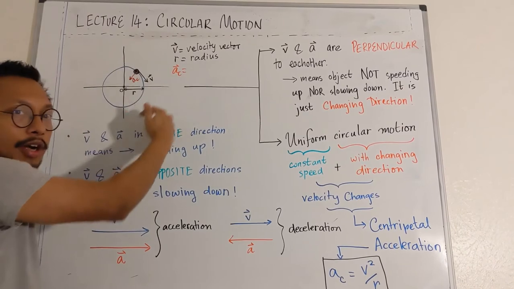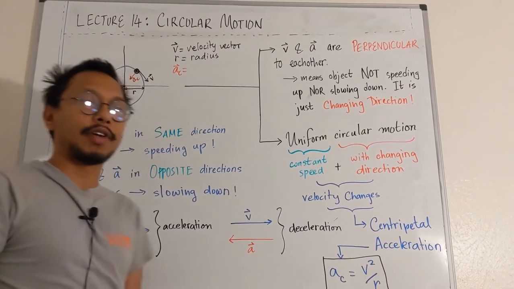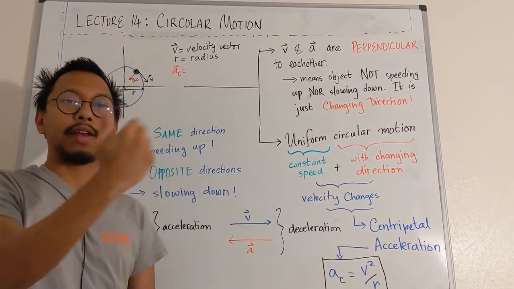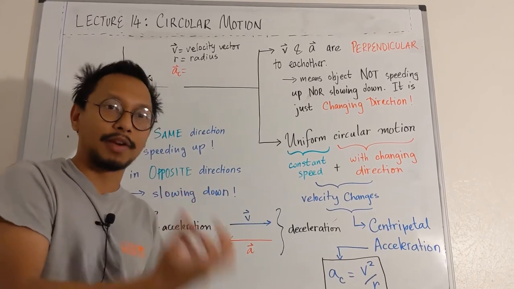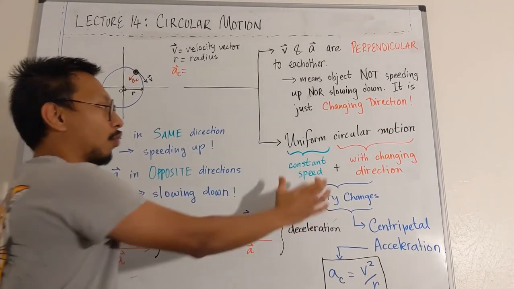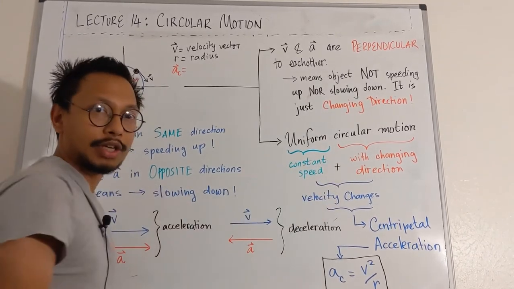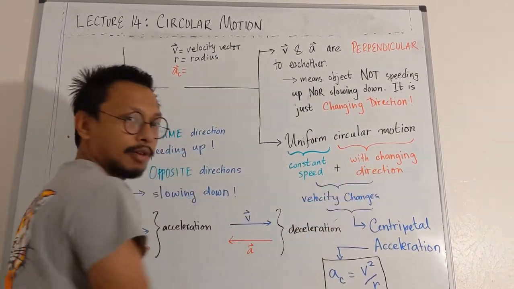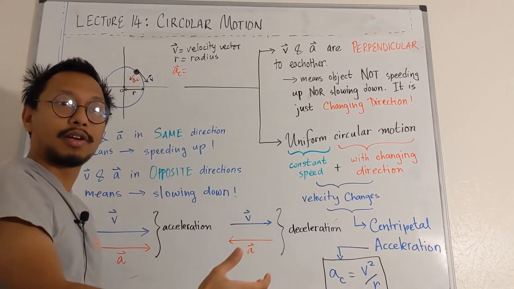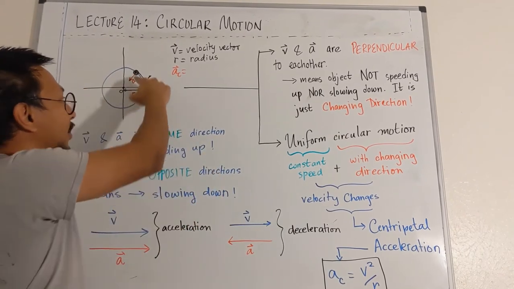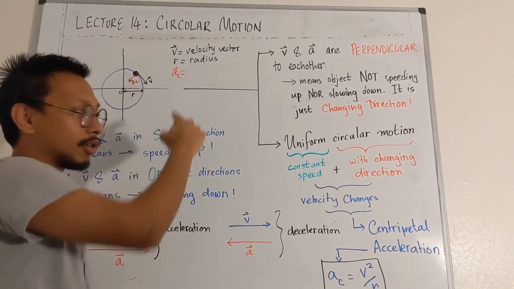It is always turning. And since velocity is a vector, both its magnitude and direction determine the properties of that vector. Hence, if one of the properties is held constant, which is its magnitude, while the other is changing, which is its direction, that means the vector is changing at every single moment it passes through on the circle.